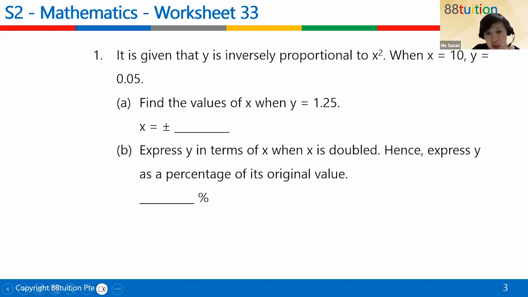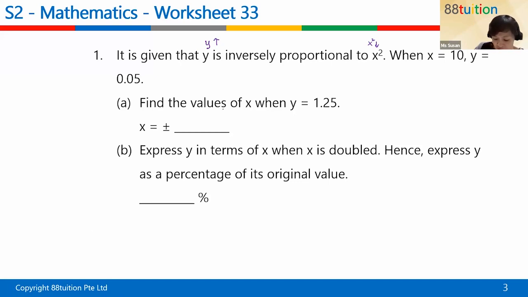Let's take a look at how this can be done. It's about ratio and proportion. It is given that y is inversely proportional to x squared. The word inversely proportional tells you the relationship: an increase in y means a decrease in x squared.